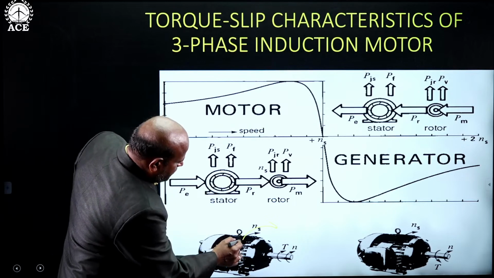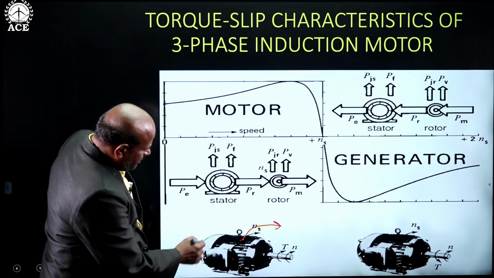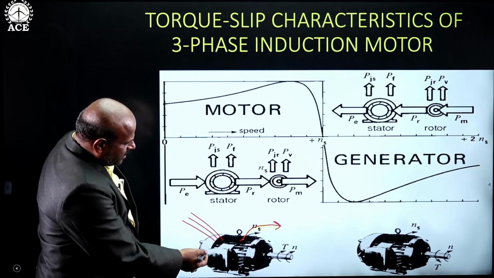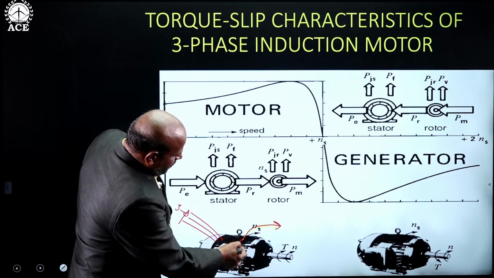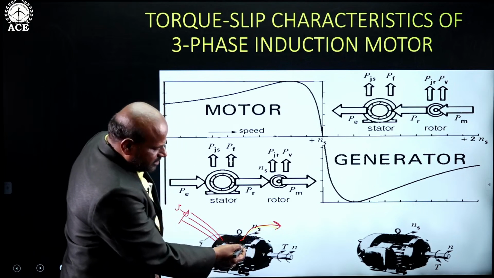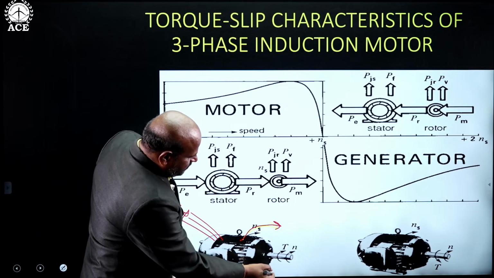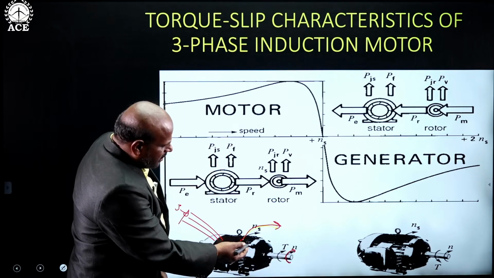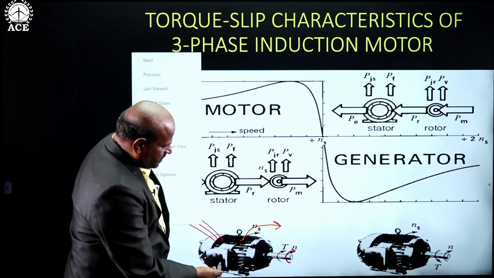See here, the direction of ns is nothing but the rotating magnetic field, and the three-phase AC supply is given to the stator terminals. RMF is produced in the stator and revolves with synchronous speed, and in order to maintain the relative speed, the rotor has to rotate in the same direction as the RMF. So the rotor starts rotating in the same direction.